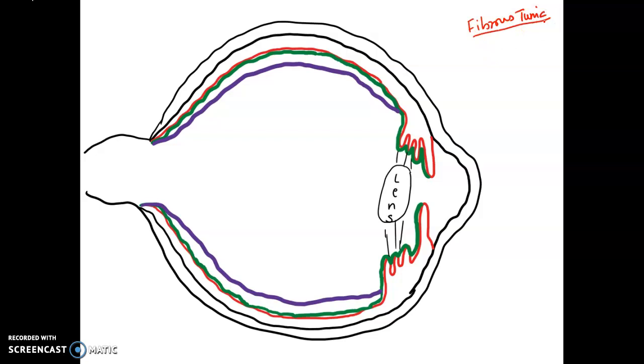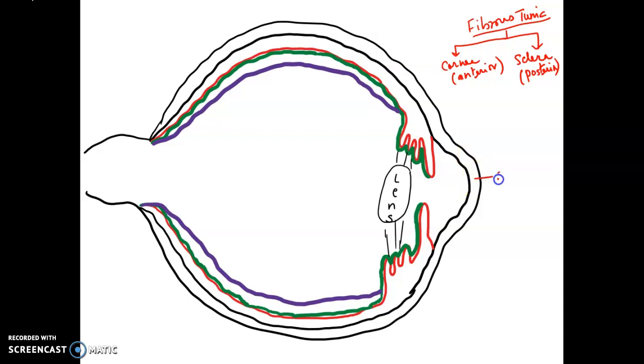The fibrous tunic is the outermost layer and it is divided into two parts. Anteriorly it has the cornea, and posteriorly we have the sclera. Sclera is posterior. Okay, so do you see the bulging anterior part? The bulging anterior part is the cornea.